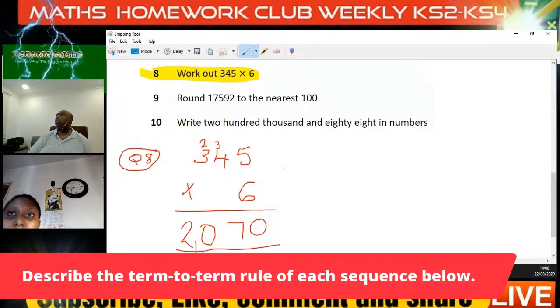Next one here. Question 9. It says here, can you read this figure for me? Have a go. 1,750.